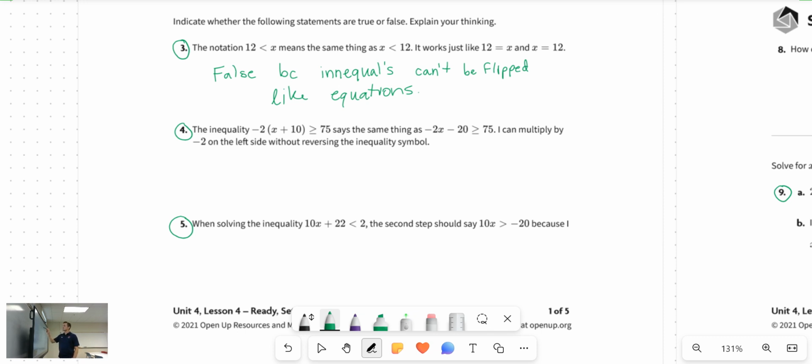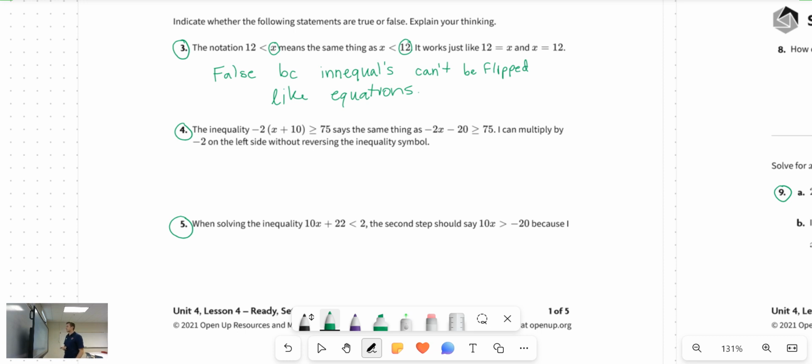Right, so 12 is less than x means that x must be bigger than 12, right? So this means x is bigger. This is the thing that is bigger, but here it's saying that 12 is bigger. So these are saying actually entirely different things.